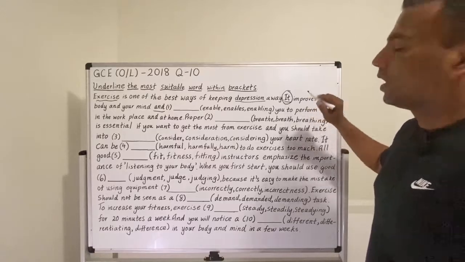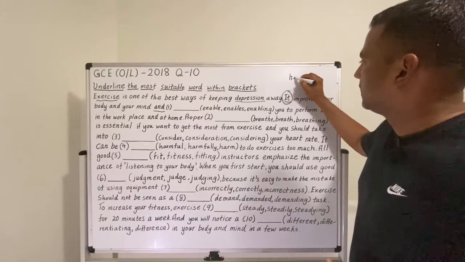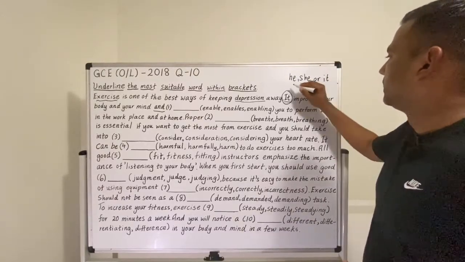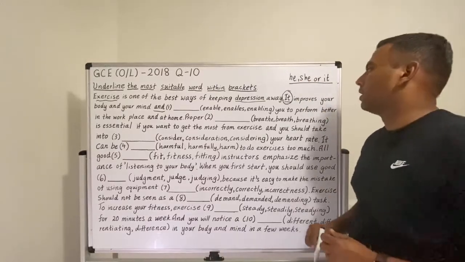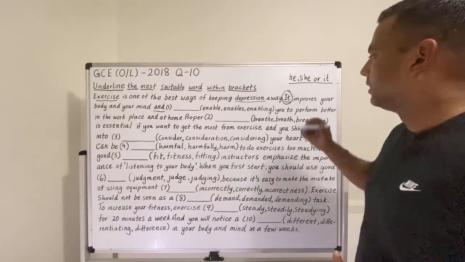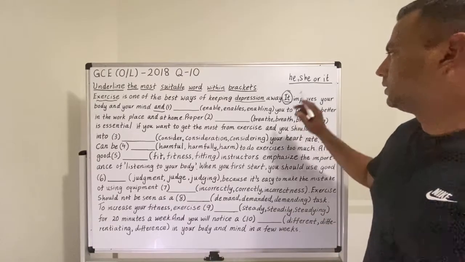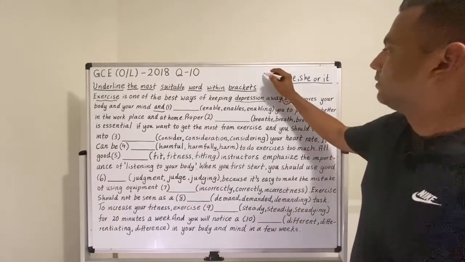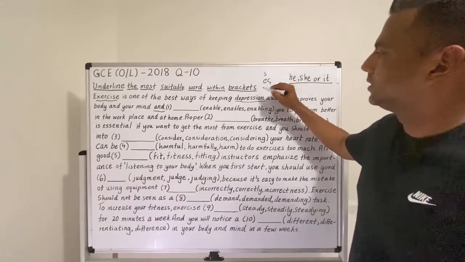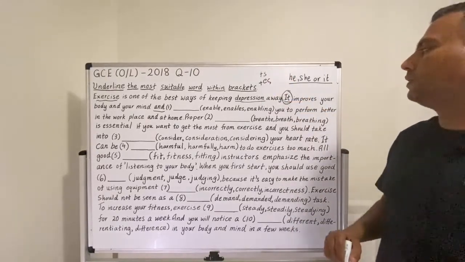So I have explained to you previously, if we use he, she, or it, any of these third person pronouns as the subject of a sentence, then the verb that follows that pronoun, the subject, we have to add an s or an es to the end of the base form.